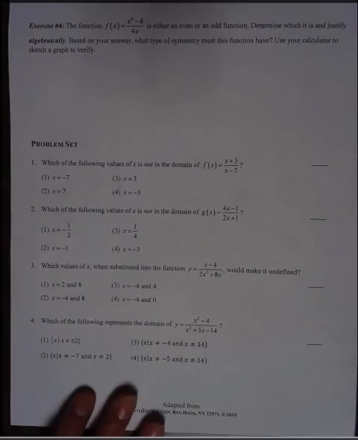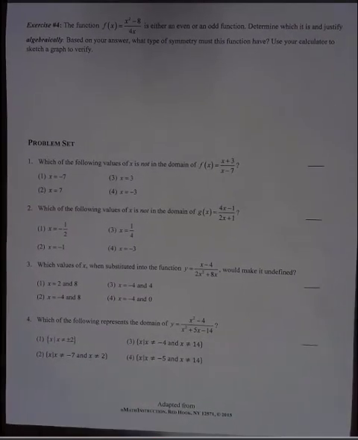Okay, and then on the back, example 4 is a review question. It's asking you whether or not this rational function is even or odd. Okay, determine which it is algebraically, and then we'll talk about what kind of symmetry it would have if it's even, or what kind of symmetry it would have if it's odd.